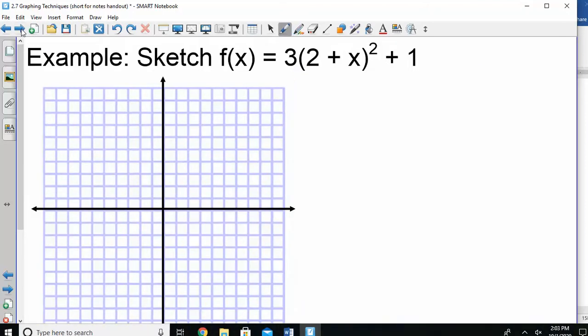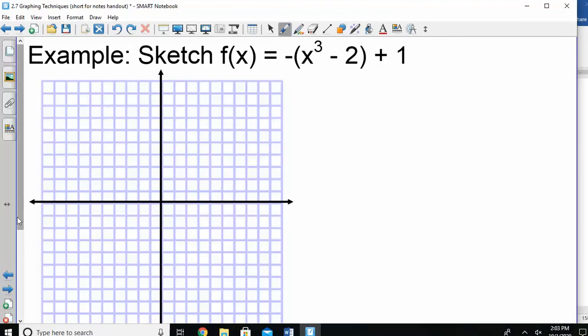I am going to skip this one. I want to do this one to end with. But I actually do have a typo. I want that cube to be out here. Okay. What's my parent function?